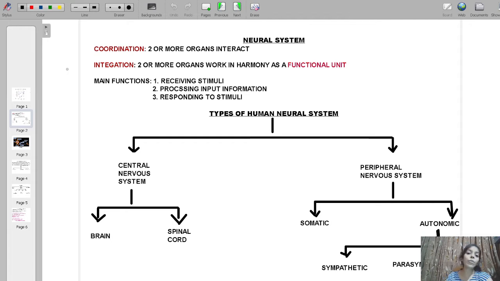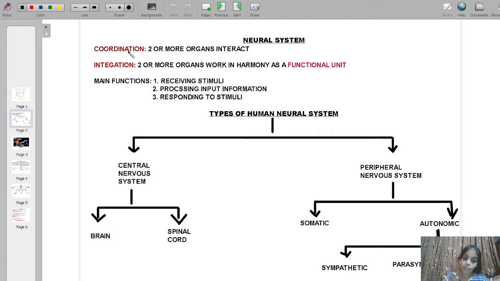So that's why, if you see the slide, it's written over here that nervous system has two main activities. One is coordination and the other one is integration. Coordination means coordinating two or more organs, so that they can interact in a coordinated way and deliver a function.